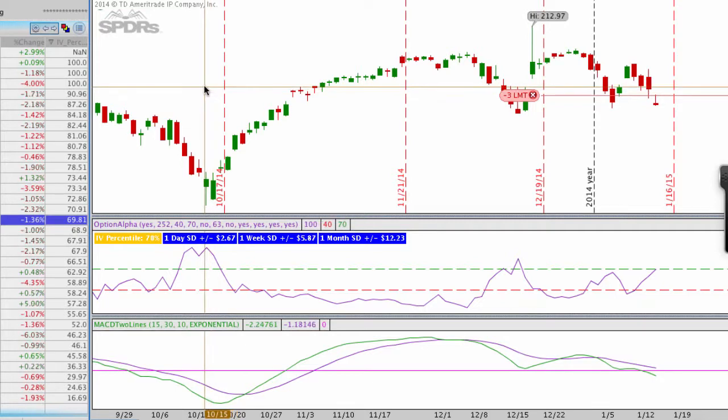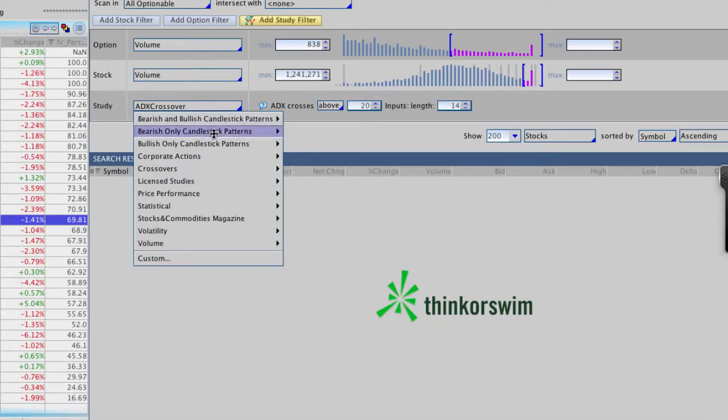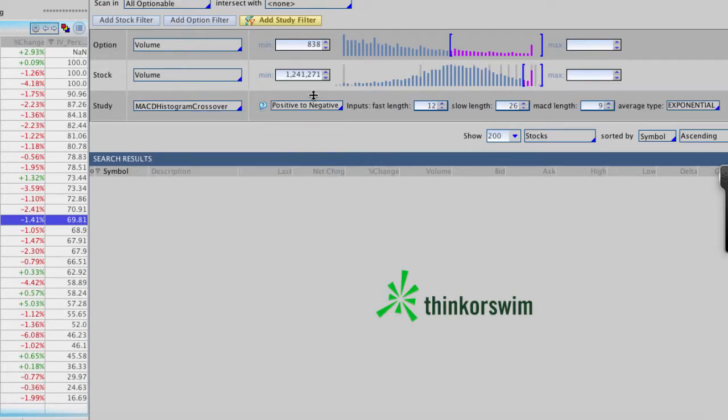There's other ways that you can scan for trades with technical analysis by going through and using the scan tab inside thinkorswim. There's a really cool way that you can study filter things by different indicators. So for example, if you wanted to pull up all stocks that had, and if I just add that study indicator, a MACD crossover that was from negative to positive, then you could do that inside thinkorswim.